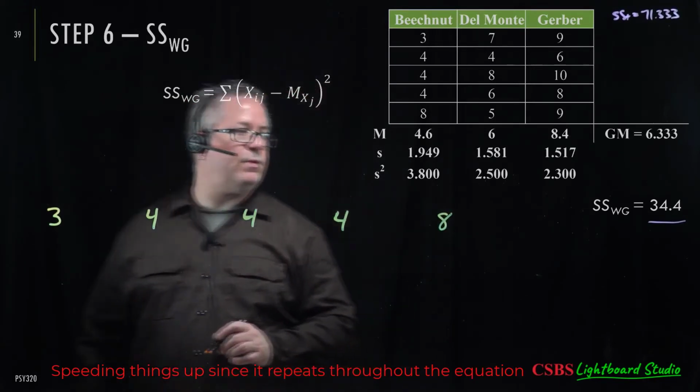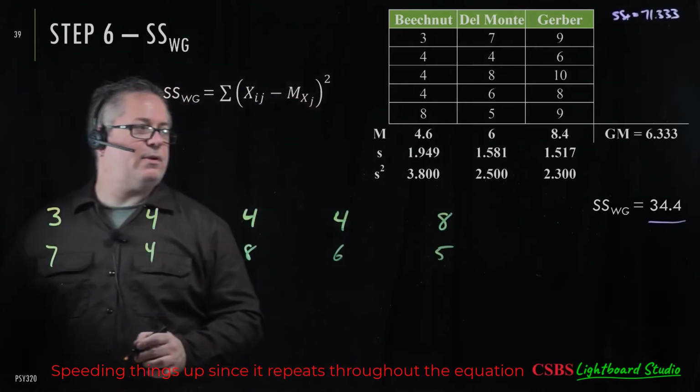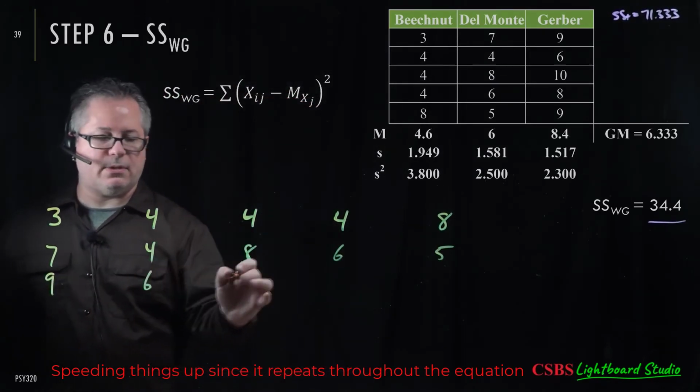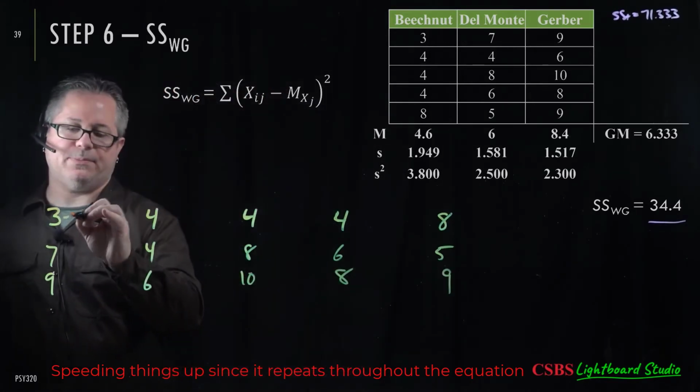And then 7, 4, 8, 6, 5. And then 9, 6, 10, 8, 9. So across the first row, I'm subtracting 4.6.